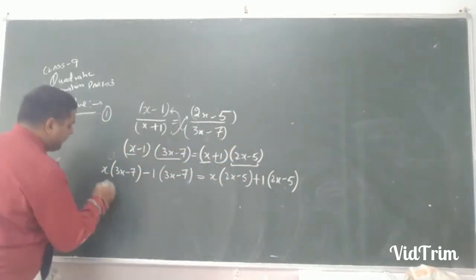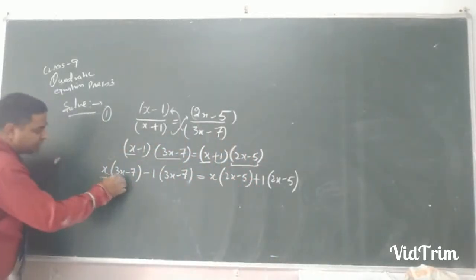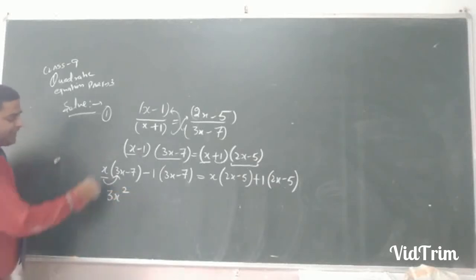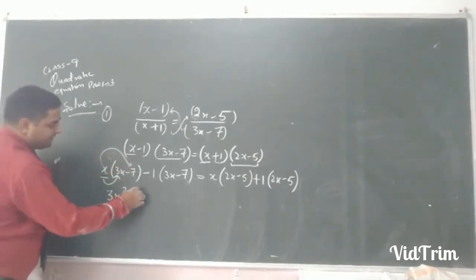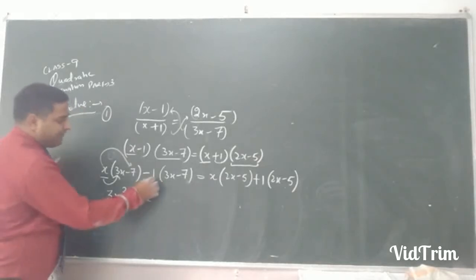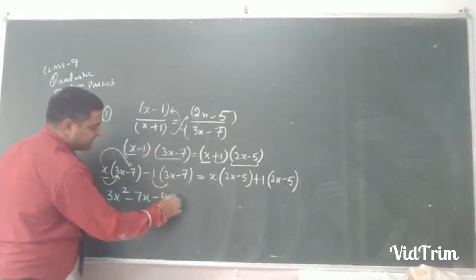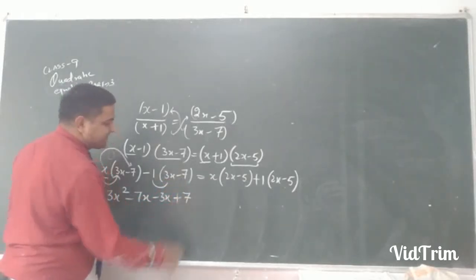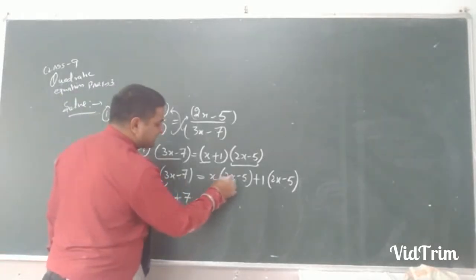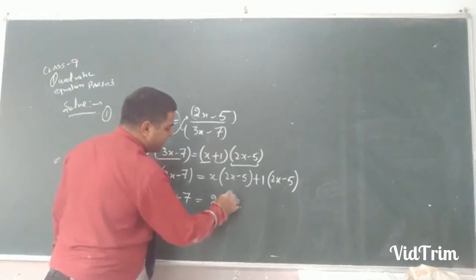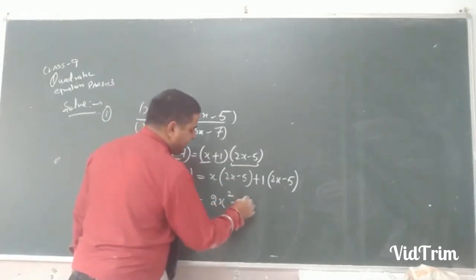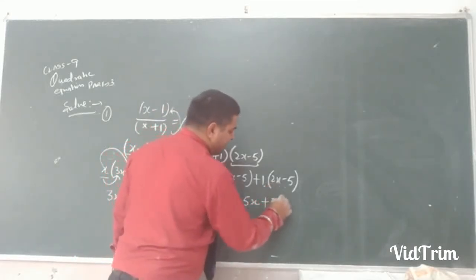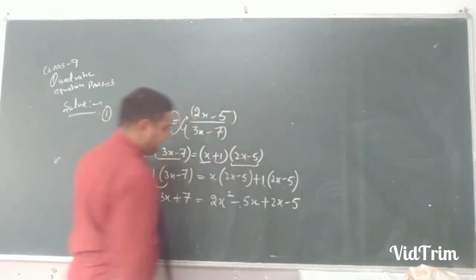Now open the bracket. x into 3x gives us 3x square. x multiplied with minus 7 is minus 7x, minus 3x, and minus 1 multiplied with minus 7 is plus 7, equals to x multiplied with 2x is 2x square. x multiplied with minus 5 is minus 5x plus 2x, minus 5.